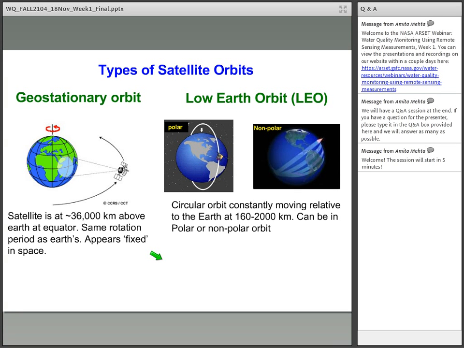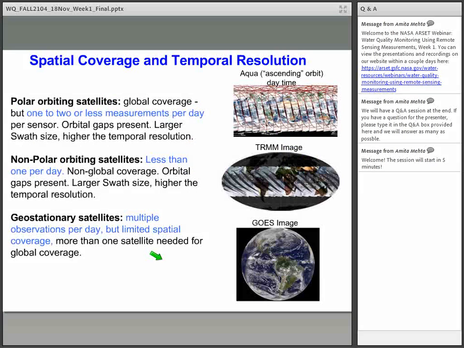So these orbits decide spatial coverage and temporal resolution. Polar orbiting satellites have almost global coverage. So these are typical orbits. Again, this is the Aqua satellite, showing Aqua's orbits going from pole to pole.